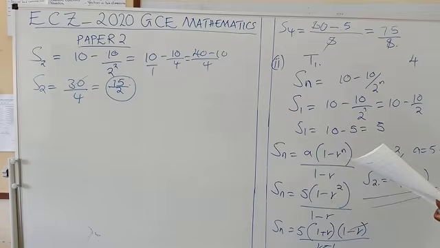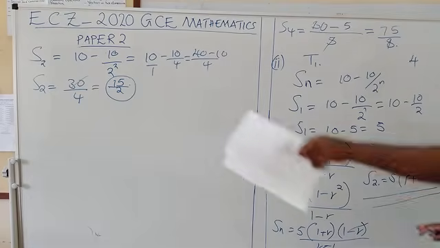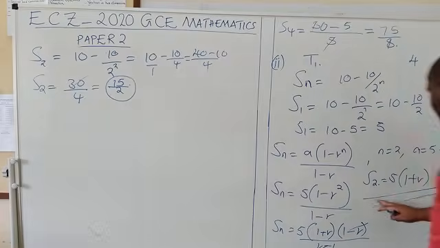When we get the common ratio, we should be able to get all the terms because we know the first term. So what we are going to do is, we are saying the sum here is 15 over 2, but the general expression is this one.